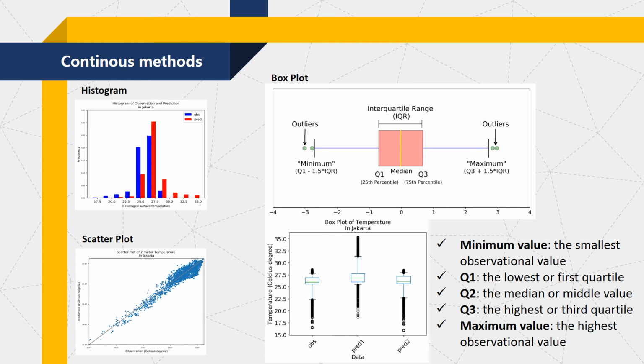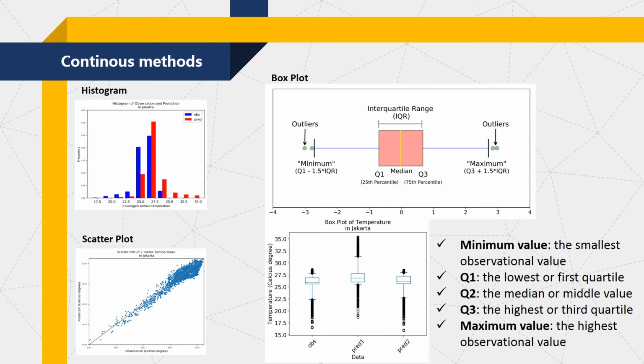From the figure of the histogram, we notice that observation and forecast data show quite different data distributions. The observation distribution is skewed to the left, while the forecast or prediction data is skewed to the right. It suggests that the model tends to overestimate when forecasting the temperature in Jakarta. Histogram shows a similarity between spread and skewness of forecast and observed distribution.